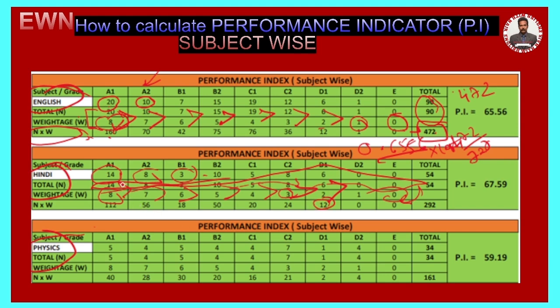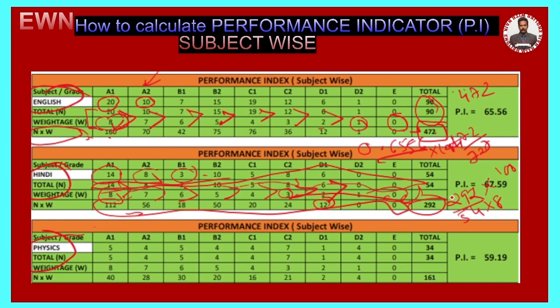So by multiplication of these two rows we get the last row, and adding all this, that is sigma NW, we get 292. So 292 upon how many students have opted for Hindi? 54. 54 into 8, that is the highest grade, into 100.